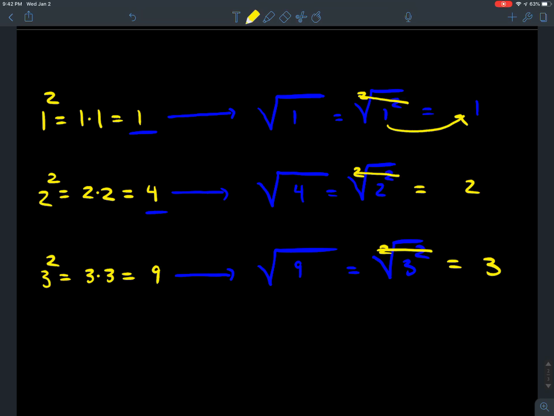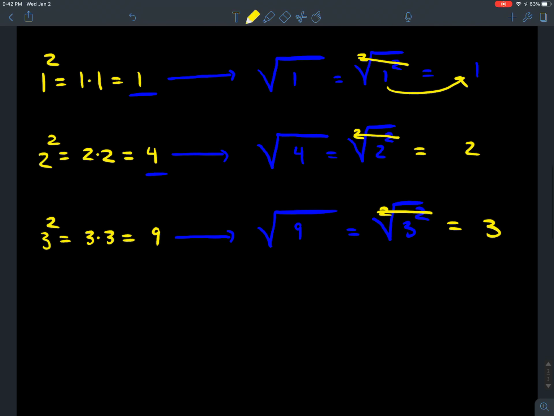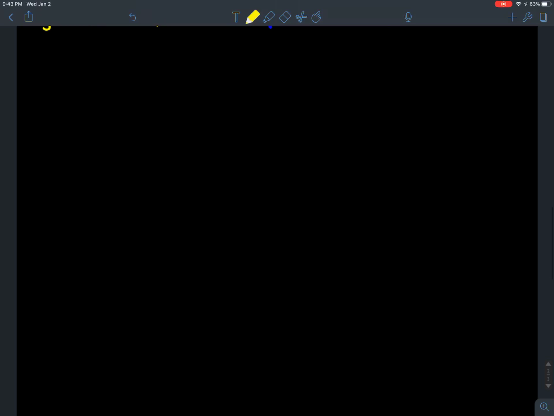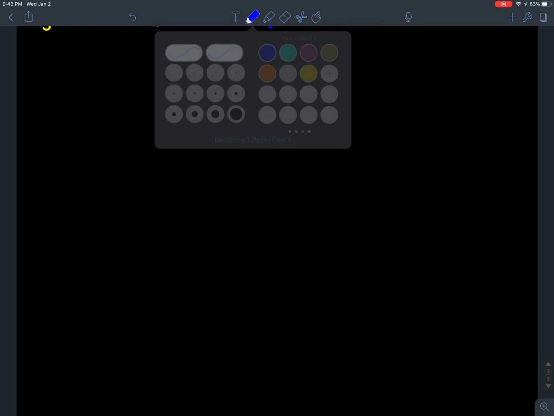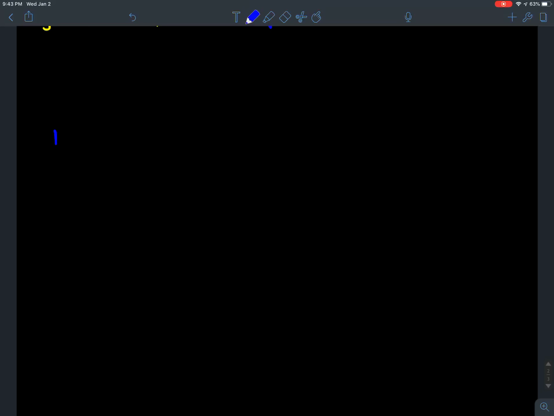Now, this is the basic concept of it. Now, let's say, for instance, we had 1 cubed, or 1 raised to the power of 3, which is 1 times 1 times 1 times 1, right? That equals 1.